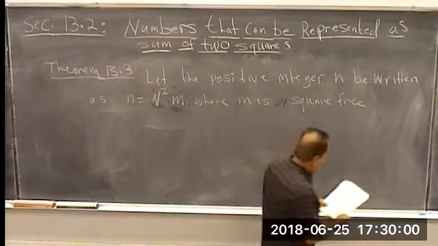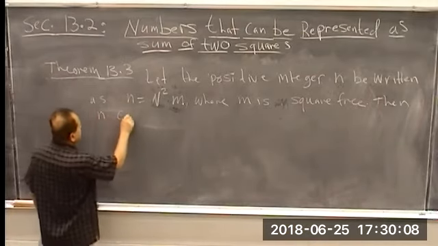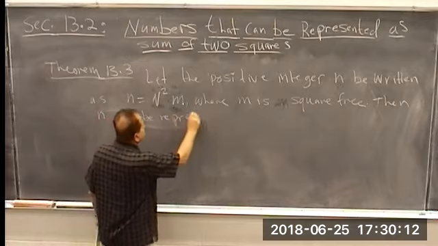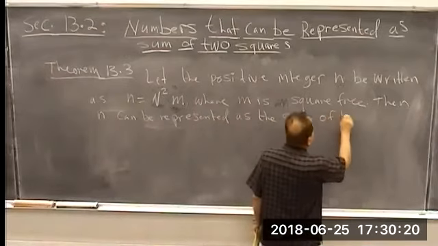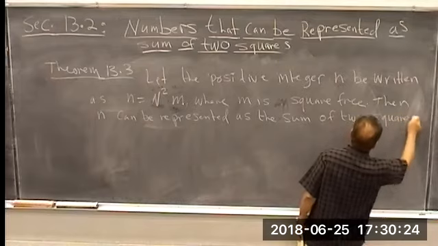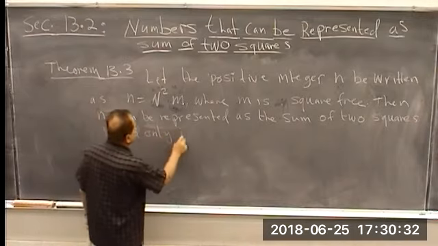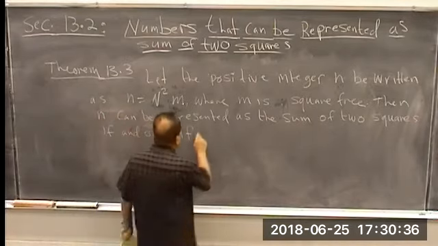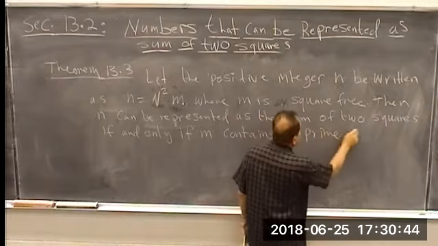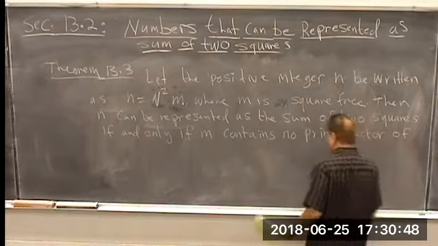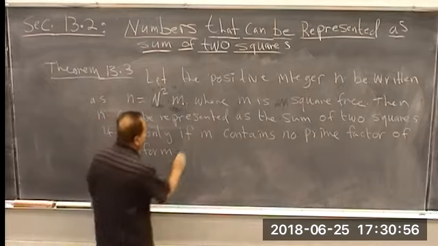All right. Then n can be represented as the sum of two squares if and only if m contains no prime factor of the form 4k plus 3.